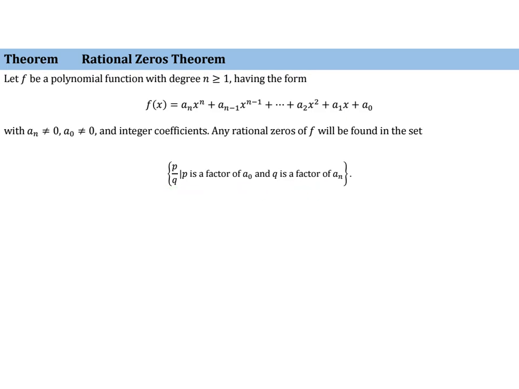So we would look at the factors of a sub 0, our constant term, and the factors of our leading coefficient, and we would form any possible fractions from those lists of factors. So factors of our constant over factors of our leading coefficient.